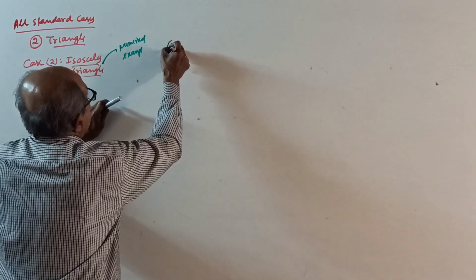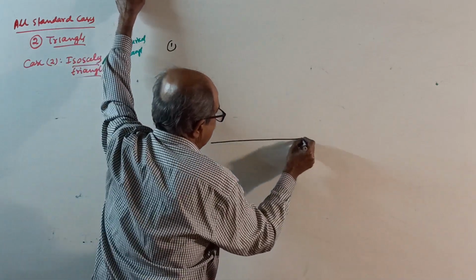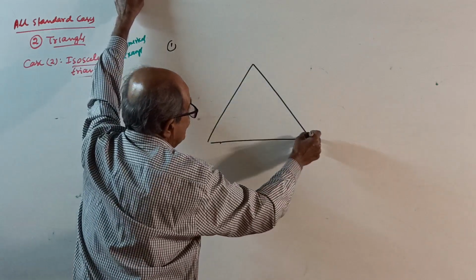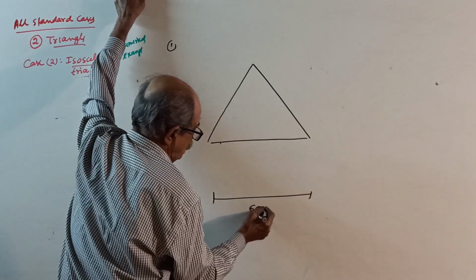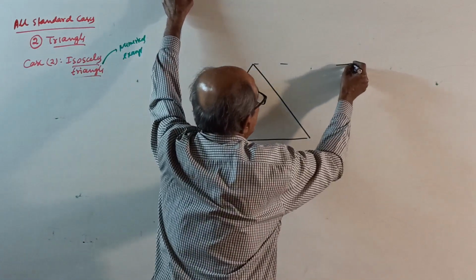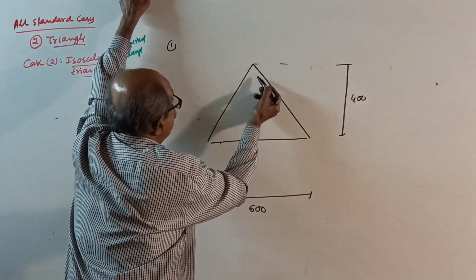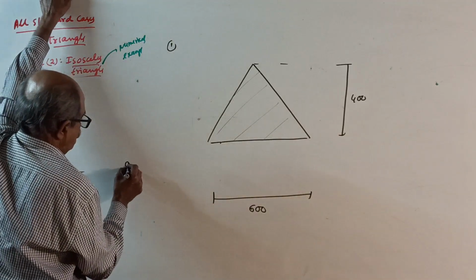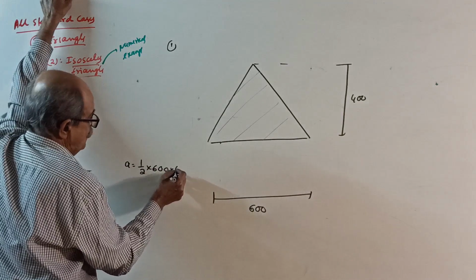Imagine like this. You write here. Let the base be here something 600, out of scale. Let the height equal to some 400. Full triangle you consider. Area equal to half into 600 into 400.